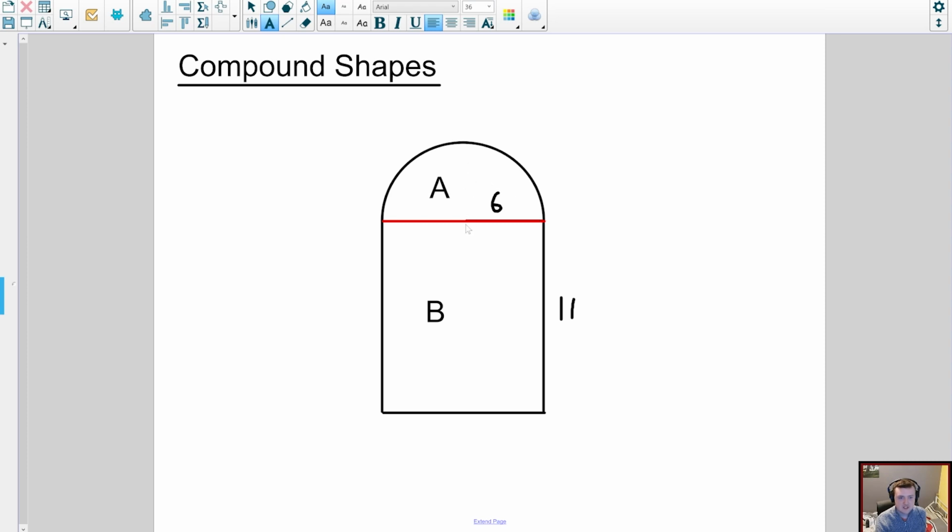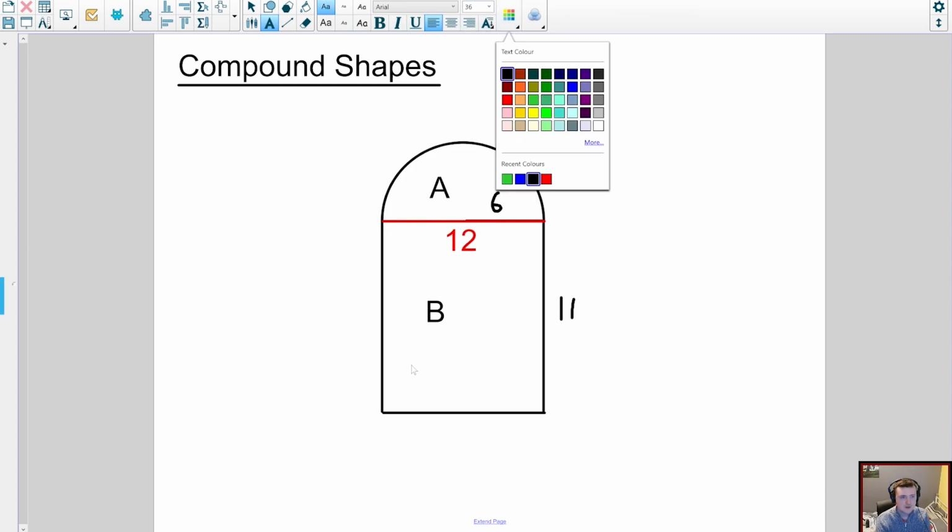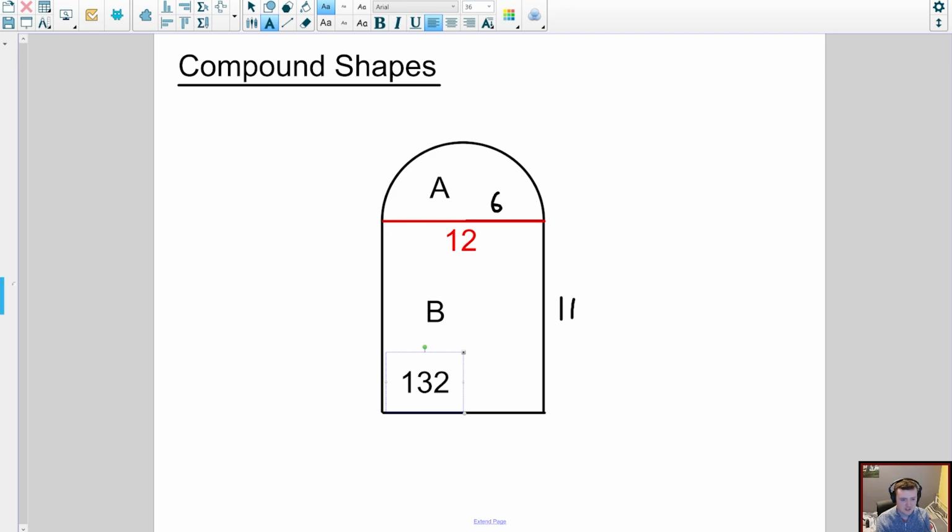If the radius is 6, then what would the diameter of this circle be? Well, double of 6 is 12, and so I know that the length of this side is 12. And so what I've got is a rectangle with sides 12 and 11, and so 12 times 11 is 132, and so it's going to be 132 centimetres squared, okay?